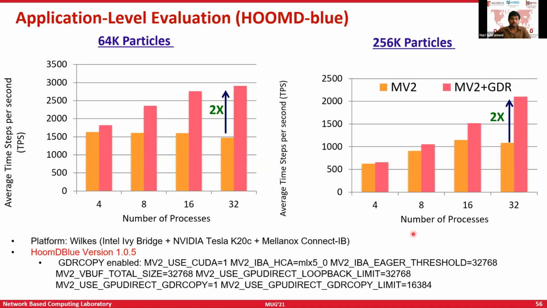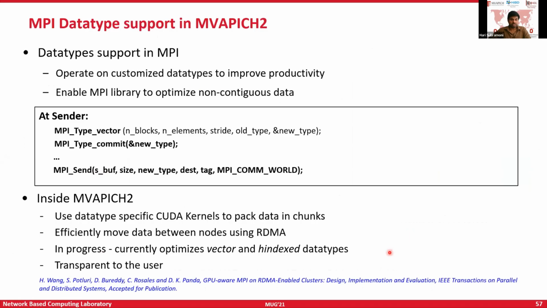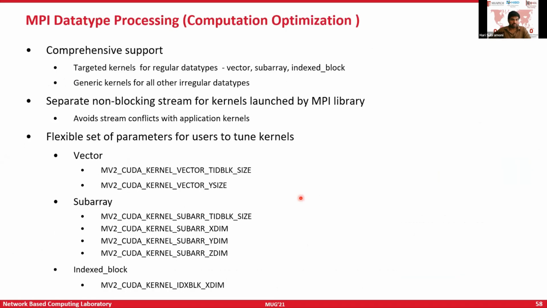We also have support for advanced data type processing inside MVAPICH2-GDR. So we support a lot of different vector types. We use separate non-blocking streams so that there is no serialization happening.